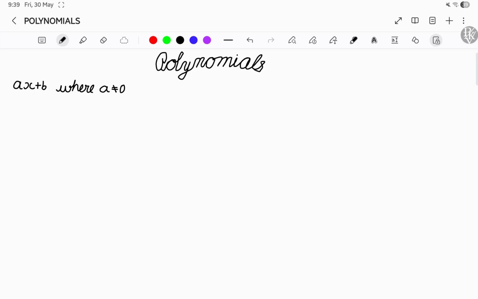Okay, let's consider a polynomial ax plus b where a is not equal to 0. Now, if we are graphing this, or we are putting this into a coordinate plane graph, what we need to do is to say y equal to ax plus b.